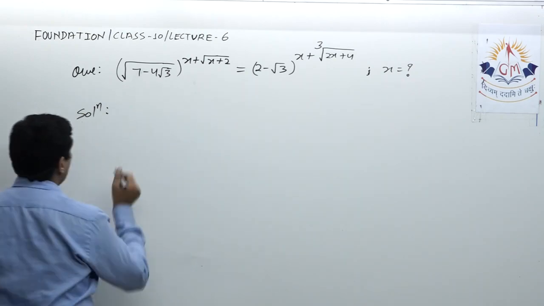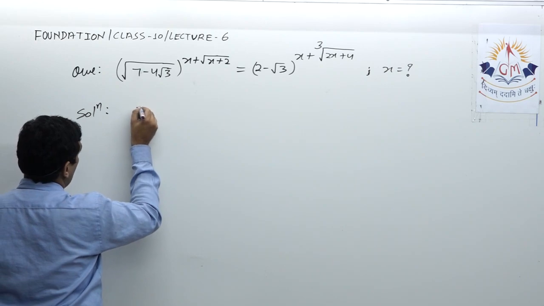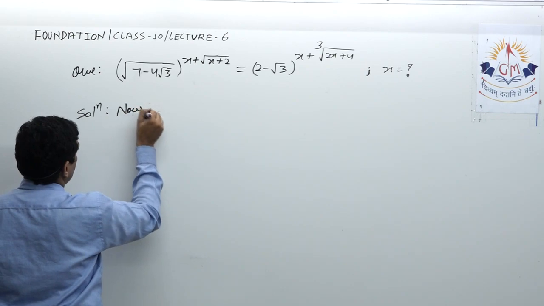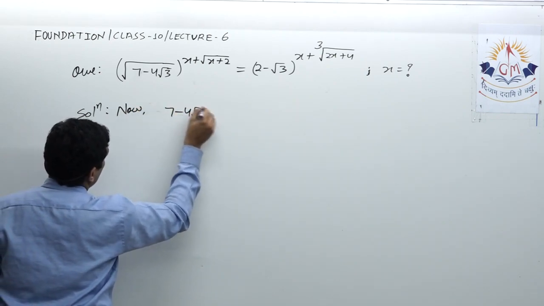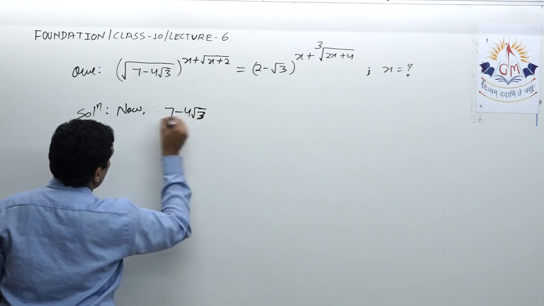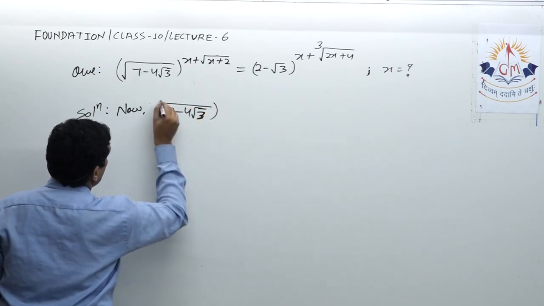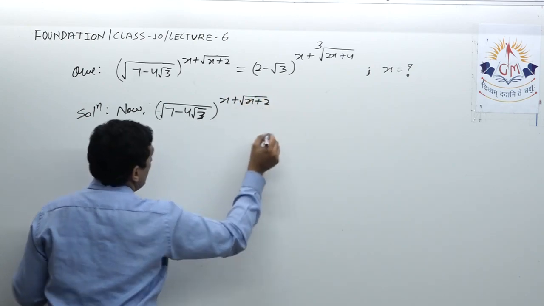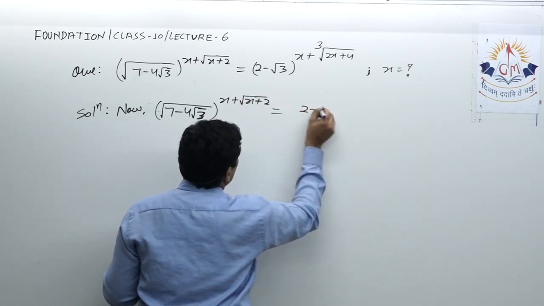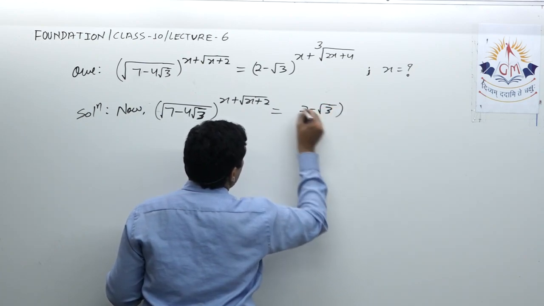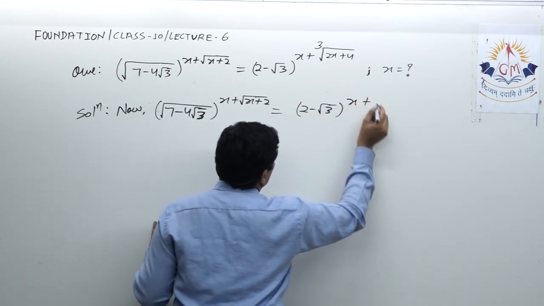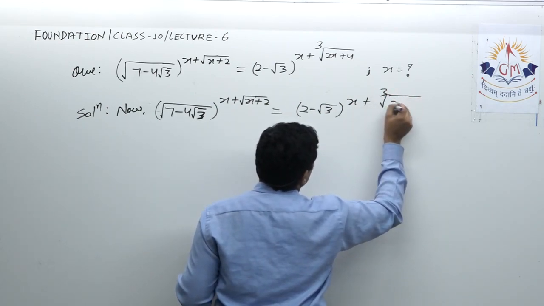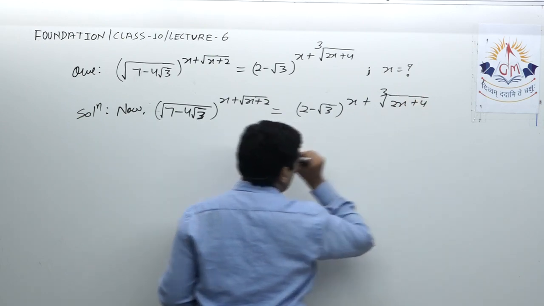Okay, so now I will solve it further. Now, the square root of 7 minus 4 root 3, raised to x plus root of x plus 2, is equal to 2 minus root 3 raised to x plus cube root of 2x plus 4.